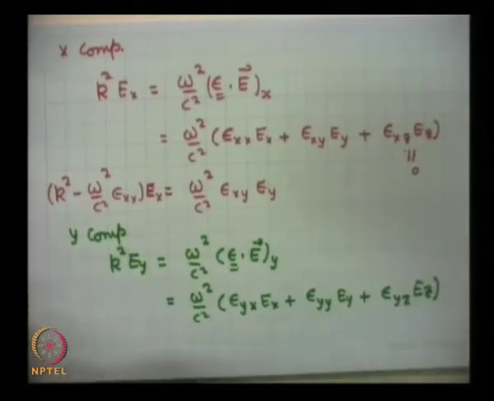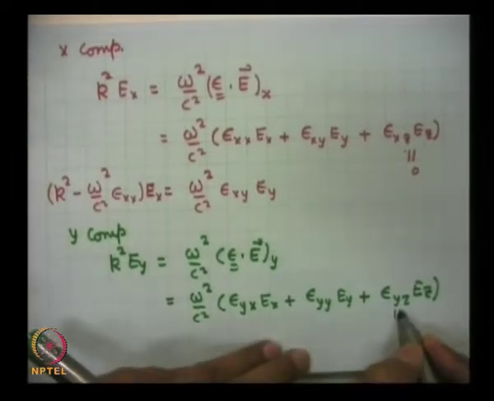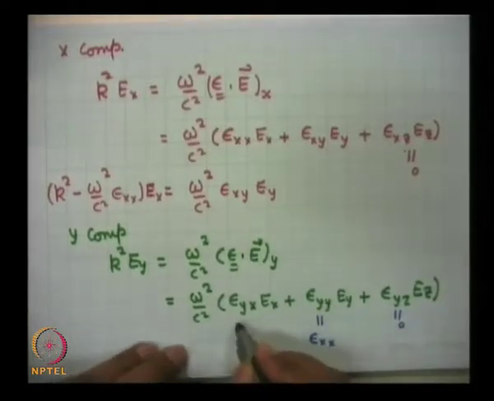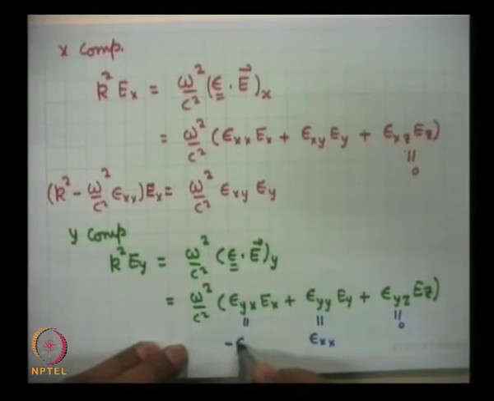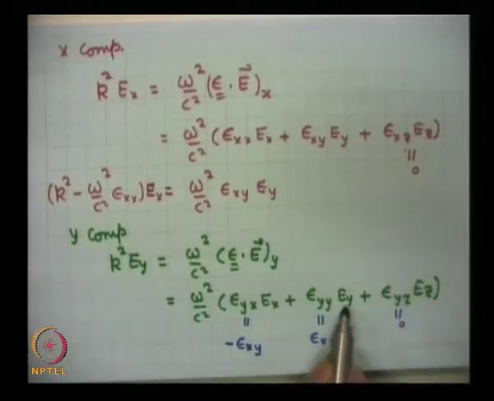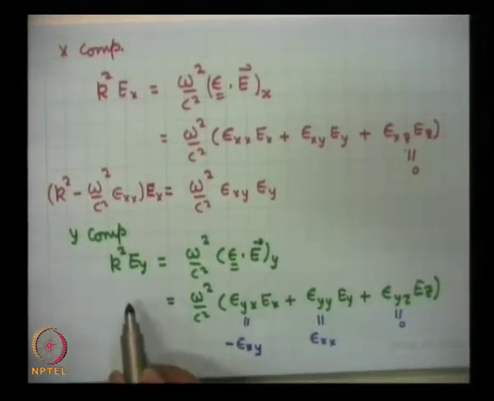But we recognize that yz is not there, this is 0, yy is equal to epsilon xx, and yx is equal to minus epsilon xy. So, when you remove this term and combine this Ey term with the Ey on the left, you get an equation like this.